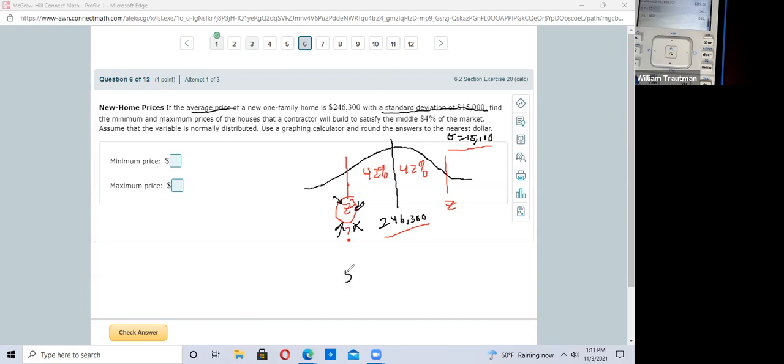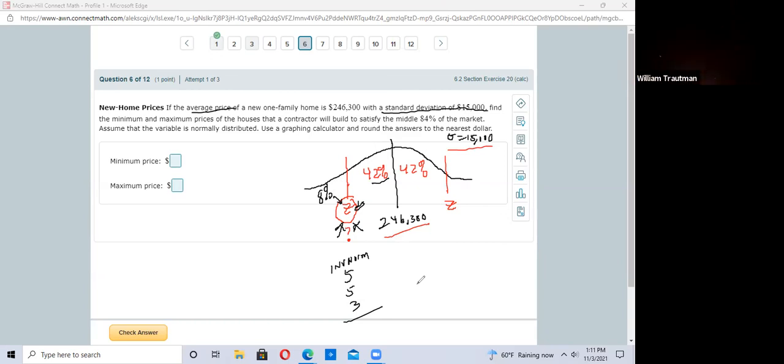Inverse norm, 553. If this is 42%, we should use 8%. So I'm going to go to my calculator, do menu 553, type in 8%, 0.08.